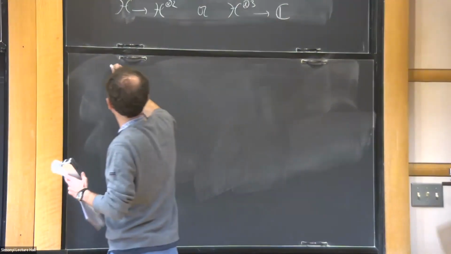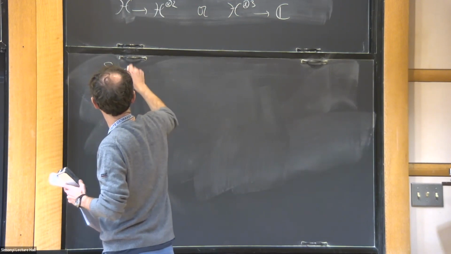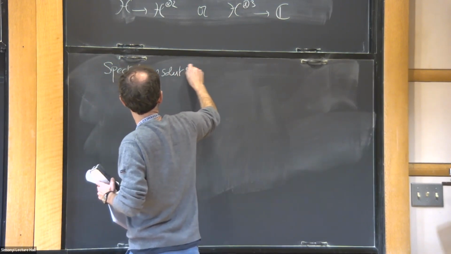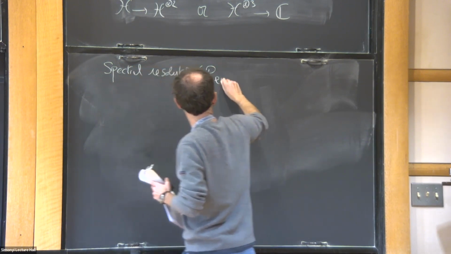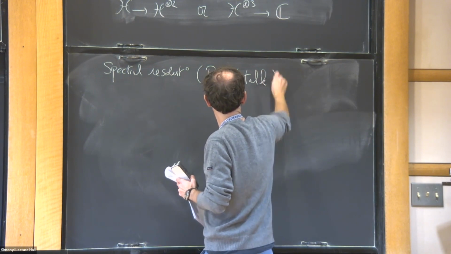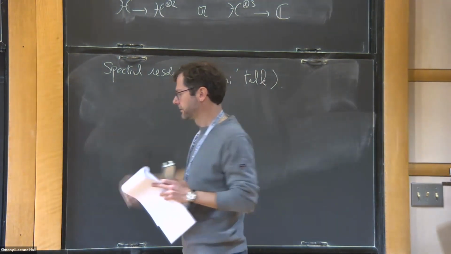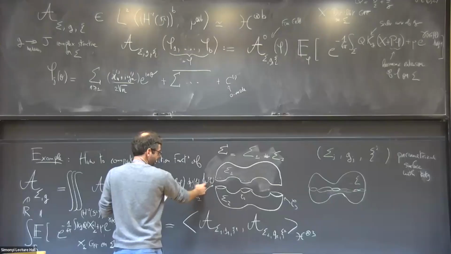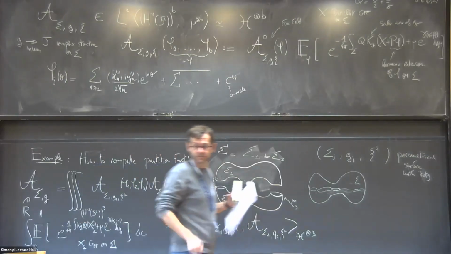So I use the spectral resolution now. It was explained in Remy's talk. Of course, here there are 3 copies of H, so I need to use the spectral resolution 3 times.